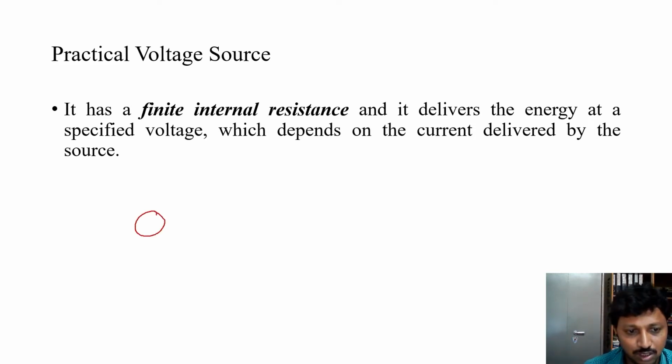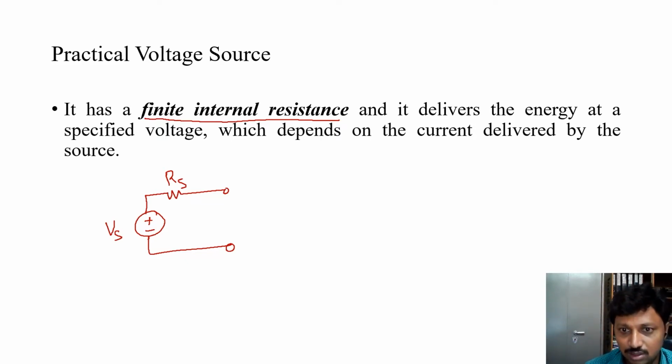This is the supply voltage. A practical voltage source has a finite internal resistance. This Rs is the finite internal resistance. And this practical voltage source delivers the energy at a specified voltage.